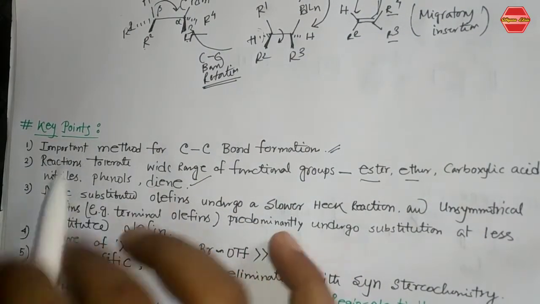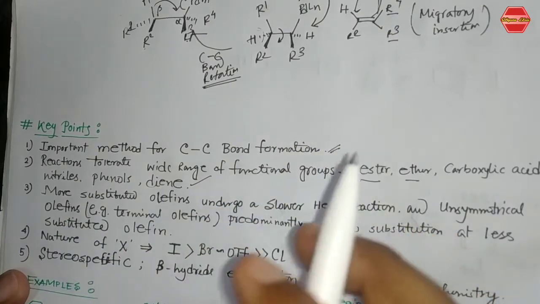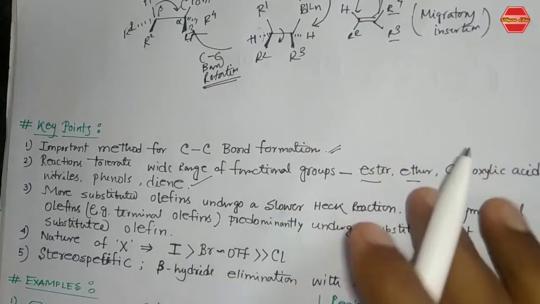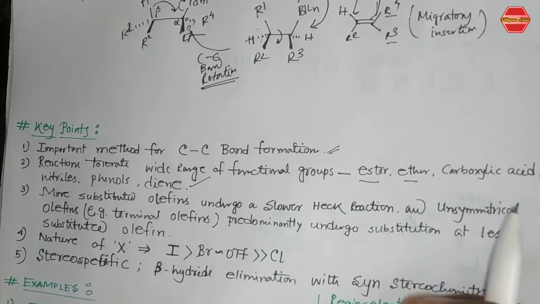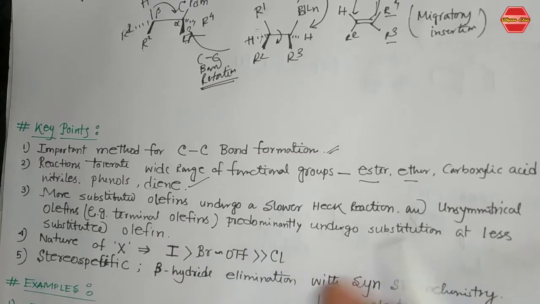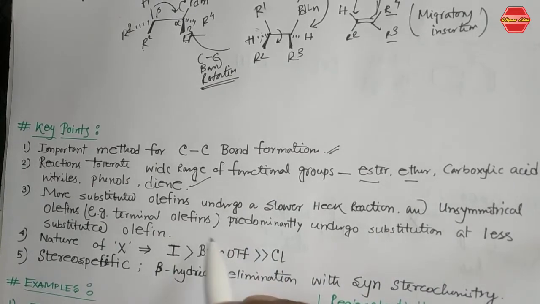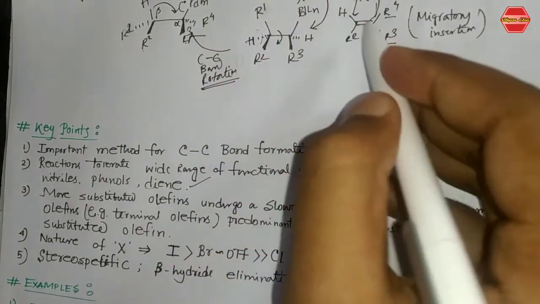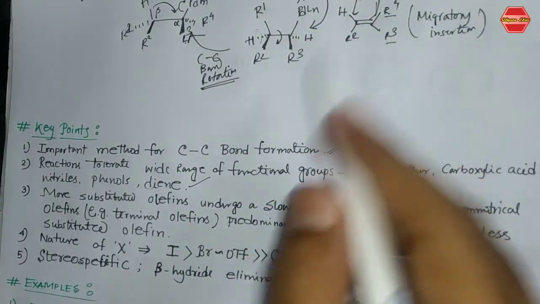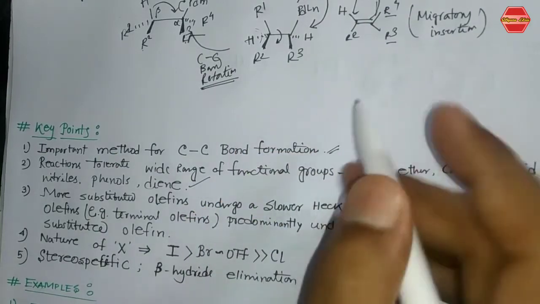The third point of this reaction is that more substituted olefins undergo the Heck reaction comparatively slower. But in the case of an unsymmetrical alkene, that is a terminal olefin, they predominantly react at the less substituted olefin. As I told you earlier, the carbon is comparatively more electronegative than the palladium or any kind of transition metal complex.